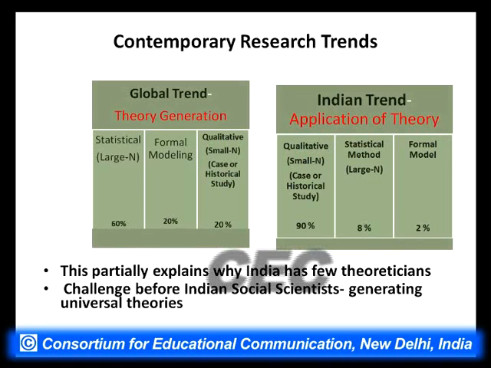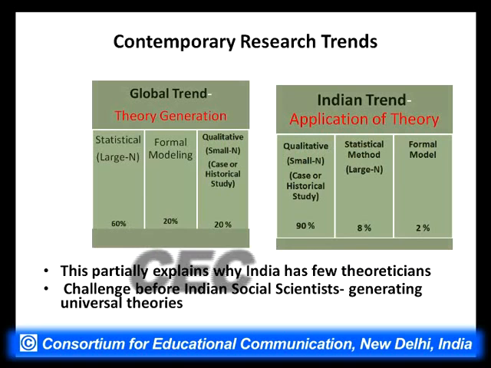Then again some of the research is statistical in India, and it involves larger samples, but it is done mostly by economists and not by sociologists or political scientists as in other countries. And formal modeling is almost absent in India. Some people do it, but most other people don't.